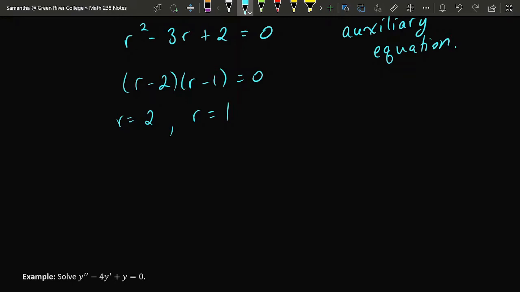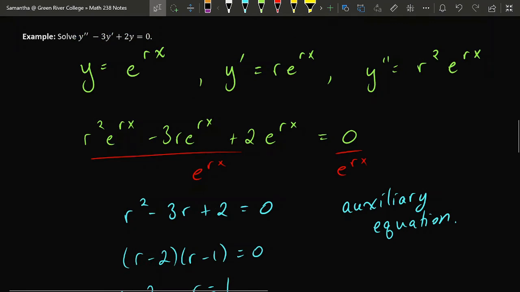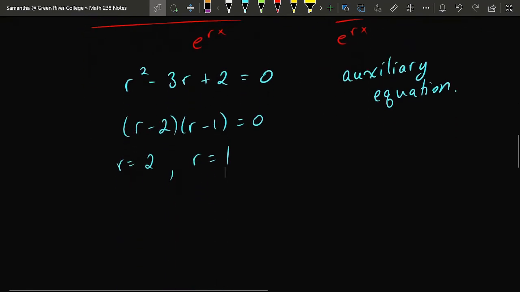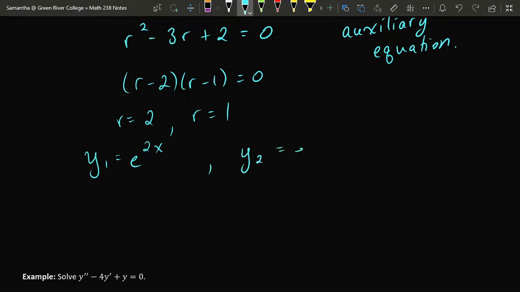In either case, our function y equals e to the r times x is a solution. So by making this guess, we've actually obtained 2 solutions. One which is e to the 2 times x, and another which is equal to e to the 1 times x.